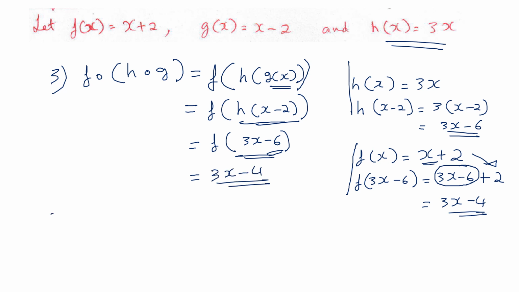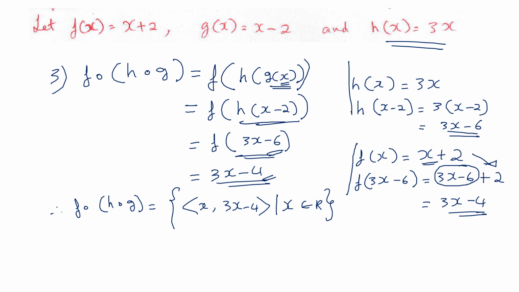So therefore, write the conclusion. f composition h composition g is equal to, see, we started from this x only, so x ending with this. So x comma 3x minus 4. Okay, 3x minus 4 for x belongs to R. Over. See, very easily you are able to solve this.